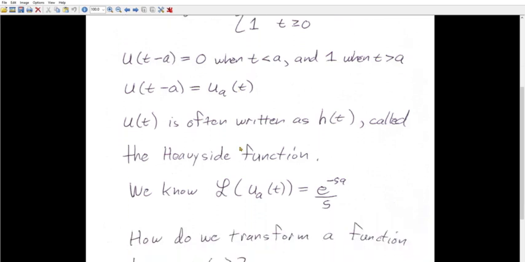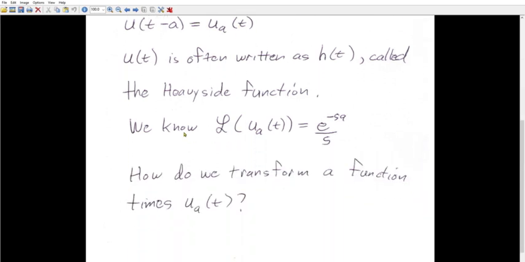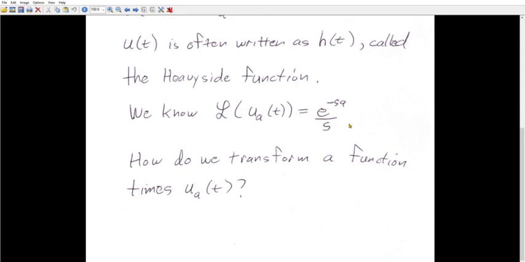Okay, so let's take a look at Laplace transforms. We know already from previous work that the Laplace transform of u_a(t) is e to the minus sa over s. And what we want to now do is figure out how we transform a function times a step function.